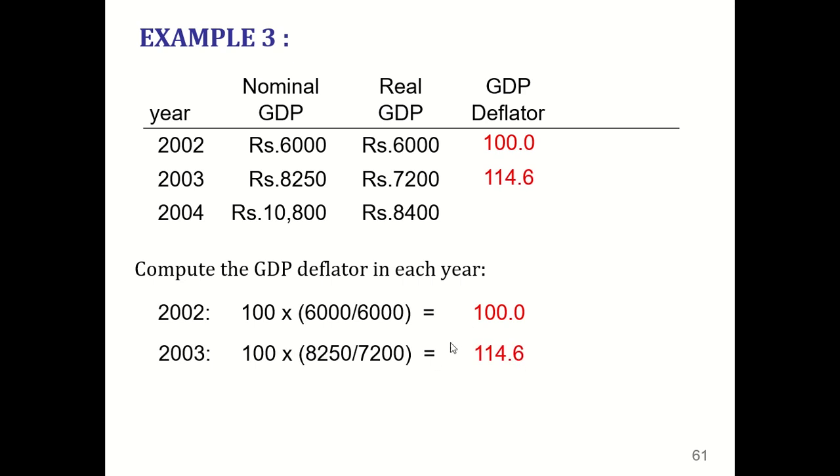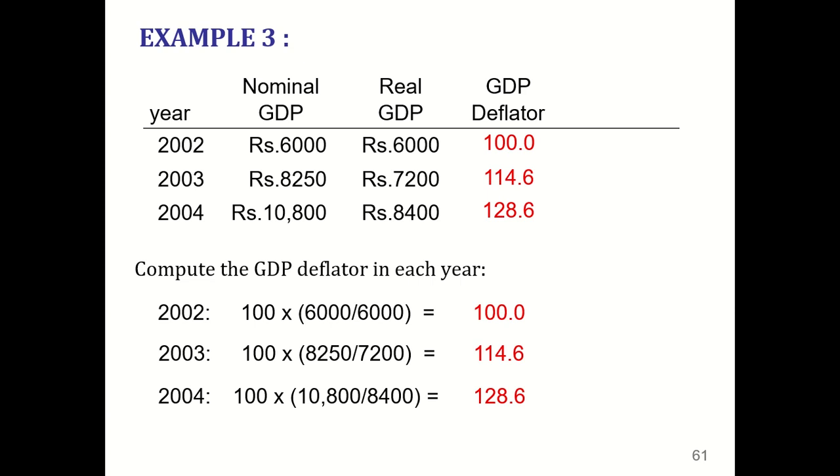For 2003, the GDP deflator is nominal GDP upon real GDP into 100, and I get 114.6. And for 2004, the nominal GDP is 10,800 divided by the real GDP 8,400, so I get 128.6.